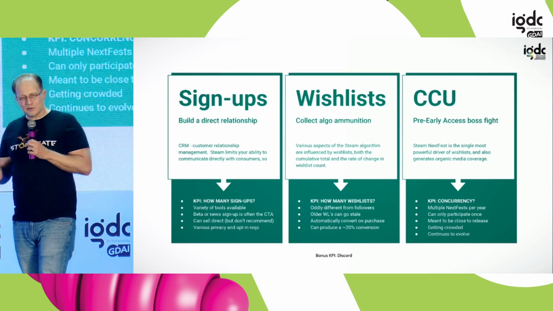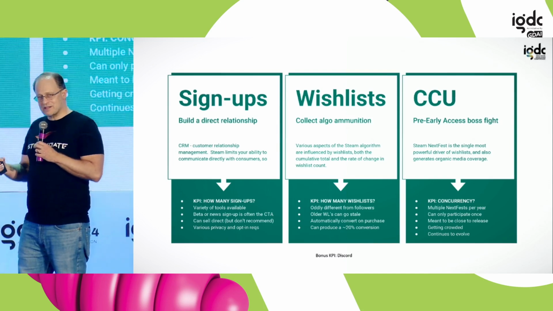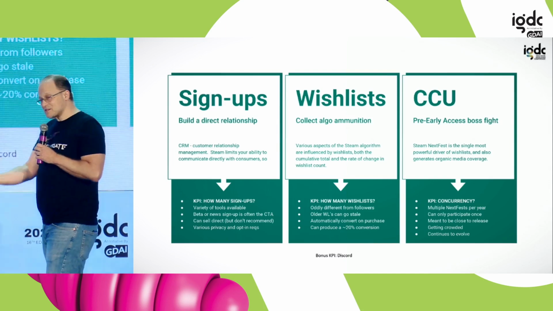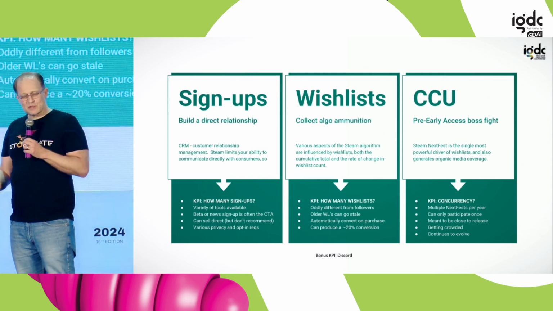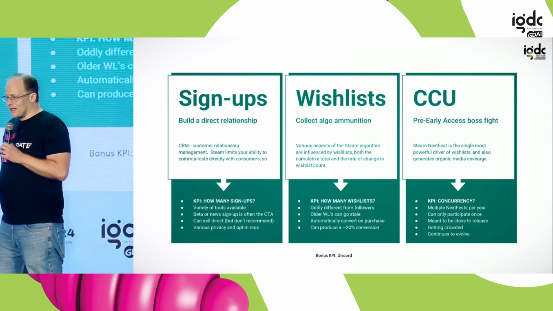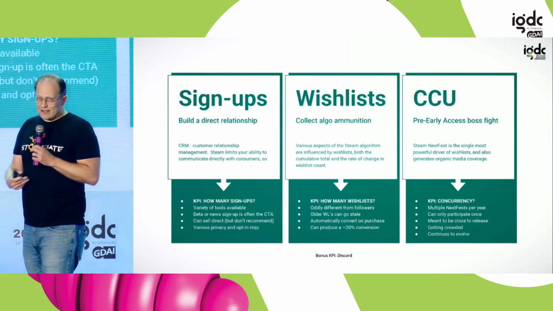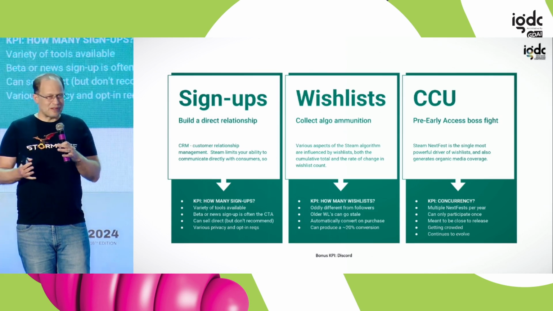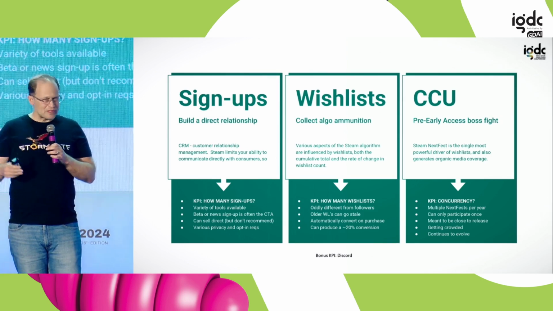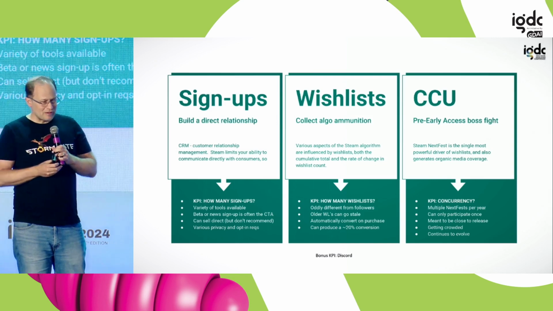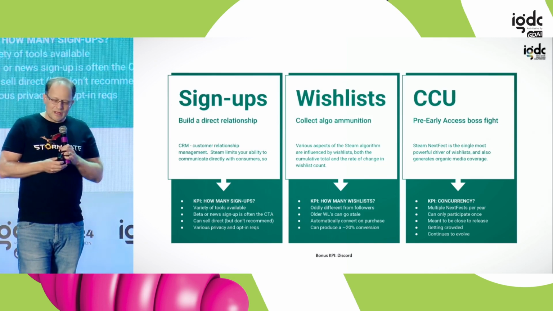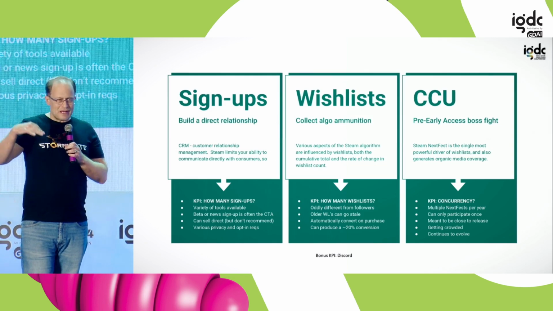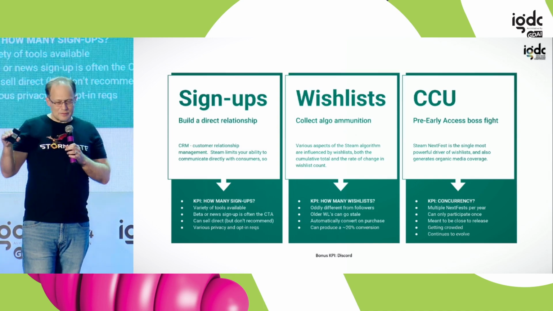So building that direct relationship by collecting email addresses is a metric and is an approach that many of us use. We did that at Frost Giant just using some customer relationship management software, newsletter software effectively that we hooked up to our website. But how many signups you get is one performance indicator.